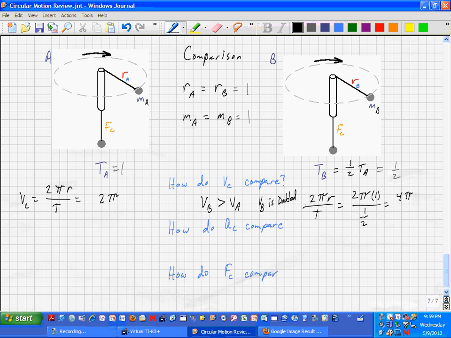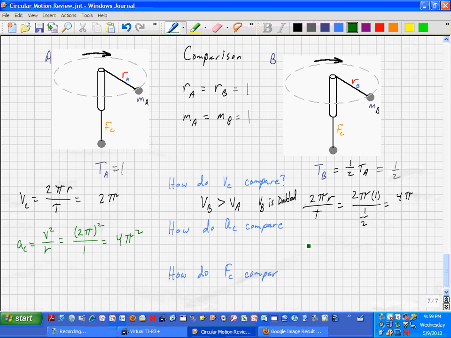So how do the accelerations compare? Well, we're going to do the same thing with the acceleration equation. That's going to be v squared over r. In this case, that's going to be 2 pi squared over 1, because my radius is 1, which is going to be 4 pi squared.